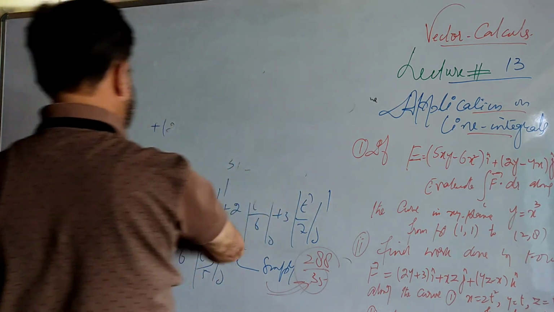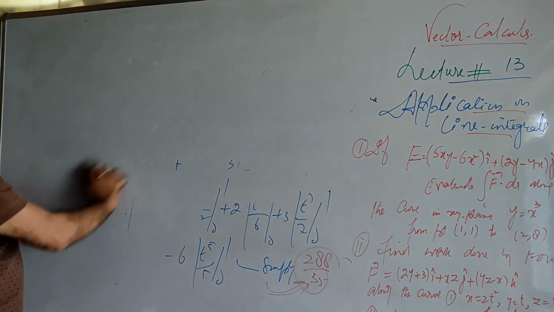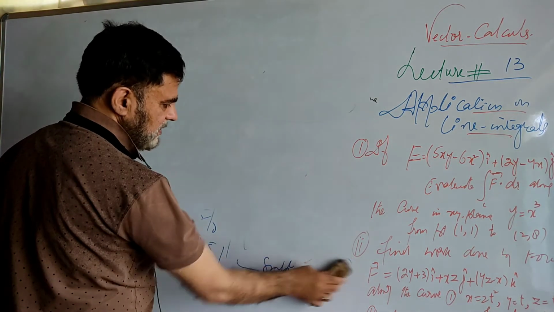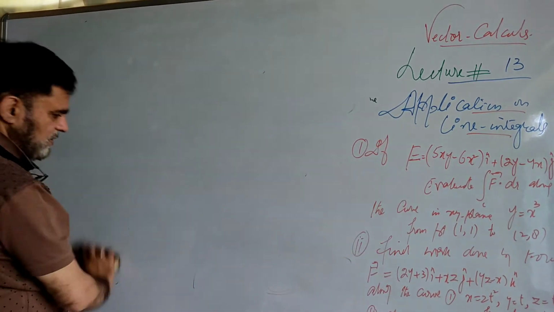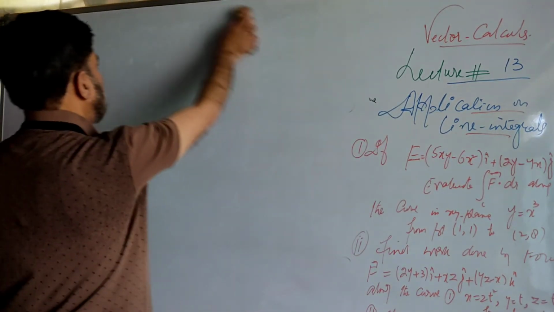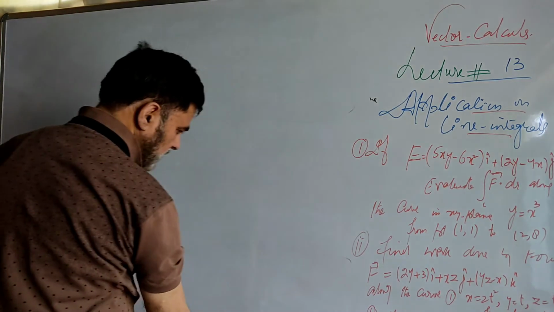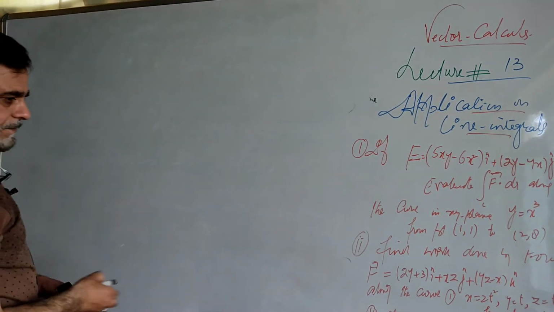Well, force is the same, but the curve through which the line integral, the work done by the force, is to be evaluated now changes. Same force. This is the same question, part second.